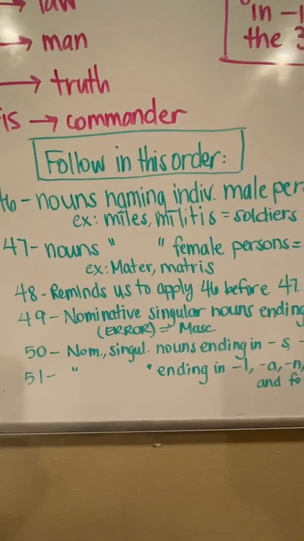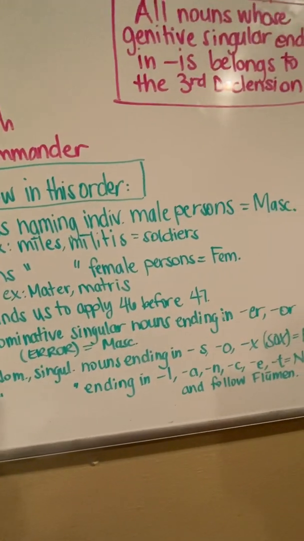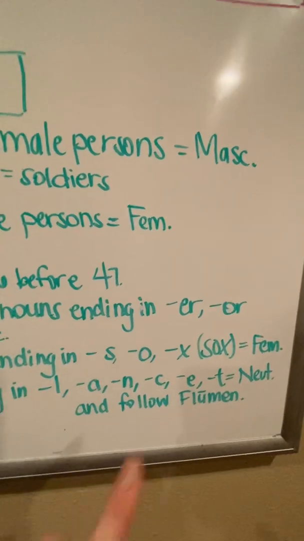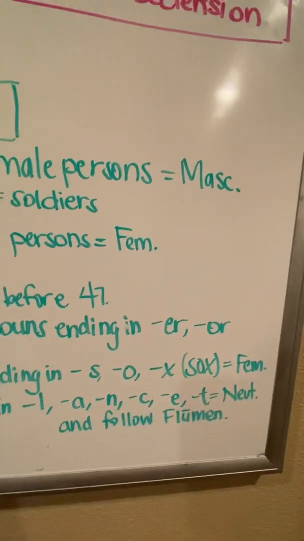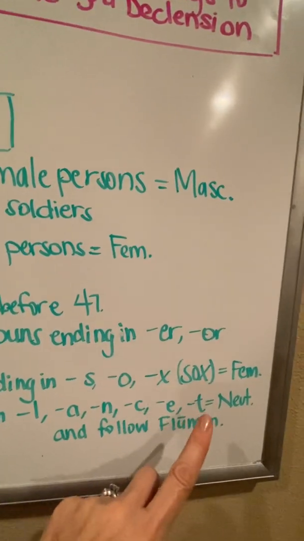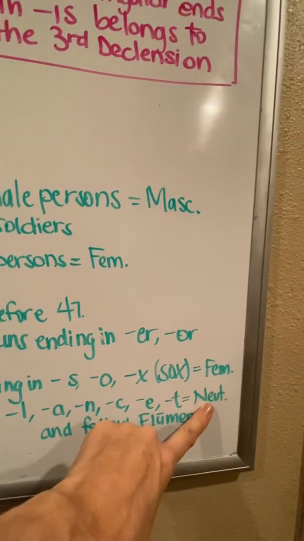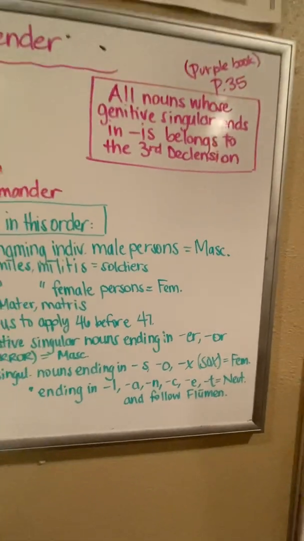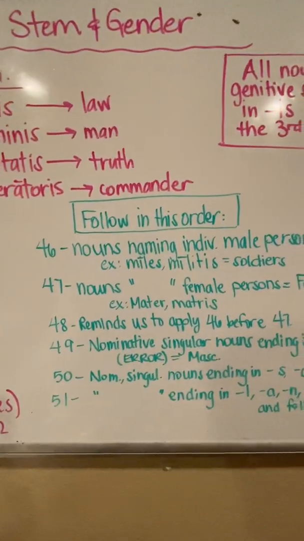ER is for masculine words if they end in an ER or an OR. We have the Socks rule: if it ends in an S, an O, or an X, that makes it feminine. And then we have the Lancet rule, where if it ends in any one of those letters, it'll be a neuter word, which will follow flumen, which we're not going to talk about at this point. So those are some of the rules that I wanted to show you.